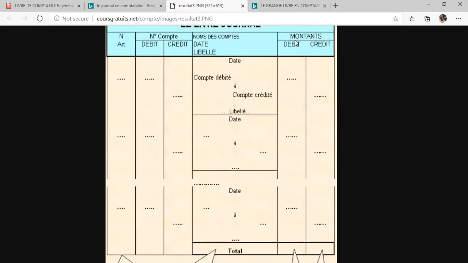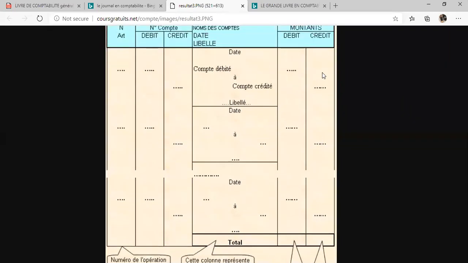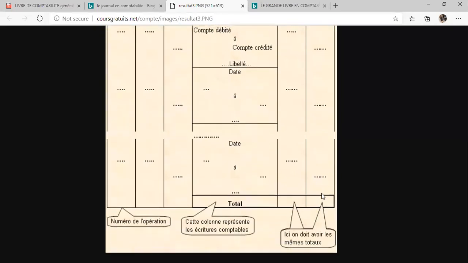So let's say debit side, you'd have to add everything you have on this column specifically until the end. Here, you'd have an amount. Then on this credit side as well, you'd have to add everything on this individual column until the bottom, and you'd have a total there.